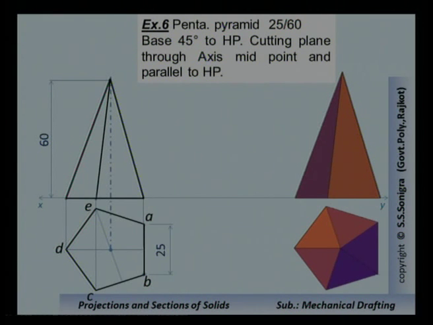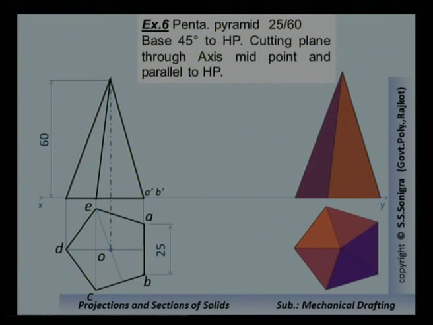Similarly, edges OC and OE would be here. OE would be invisible, so it is represented by a dotted line, and OC is visible, so it is joined with a full line. So two lines would be there, and hence we give priority to the full line.